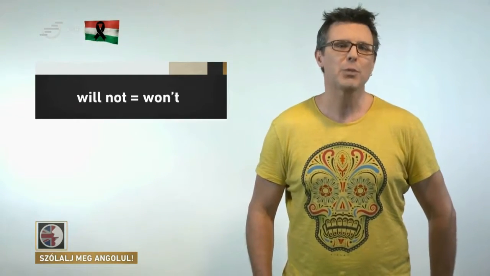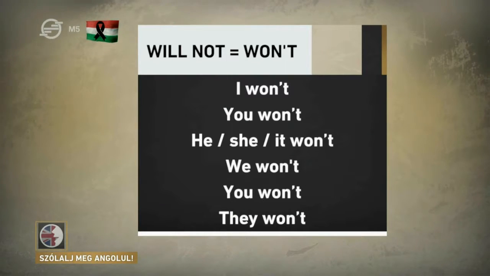We don't have to worry about adding an extra s or es, no. For all the personal pronouns, it's won't. I won't, you won't, he won't, she won't, it won't, we won't, you won't, they won't.